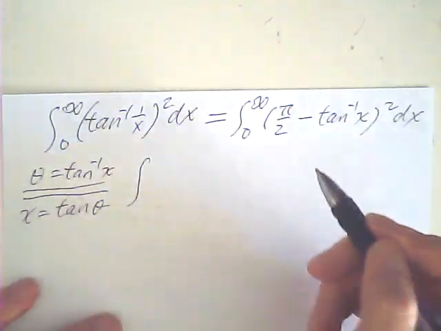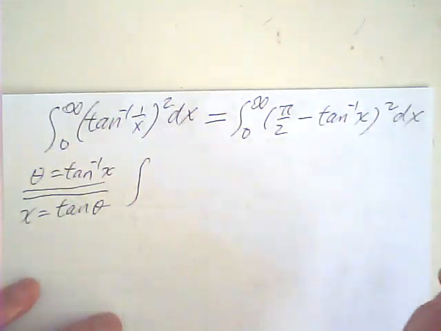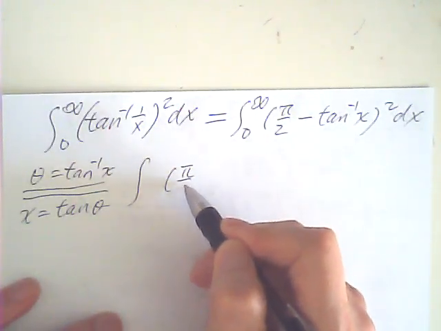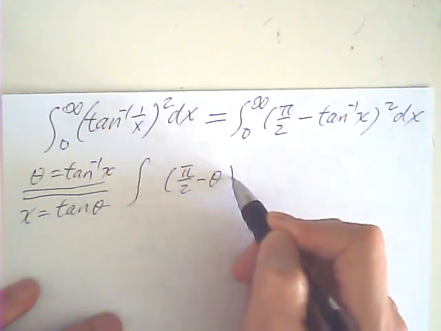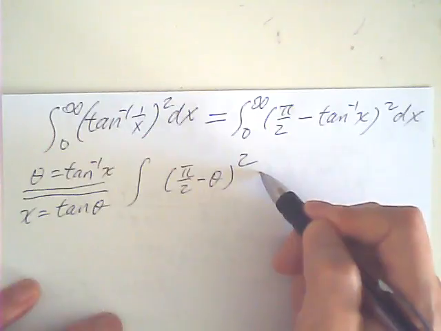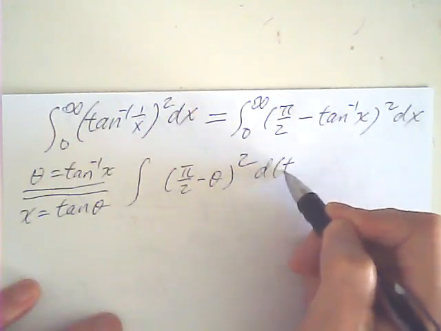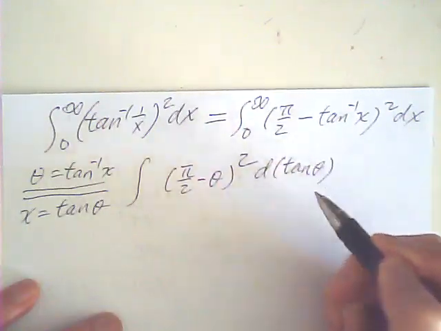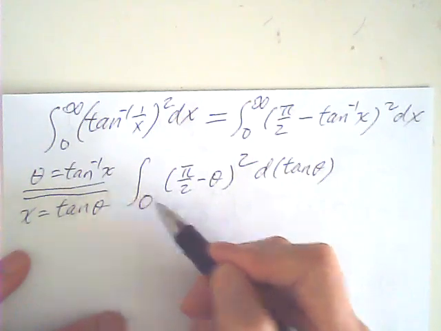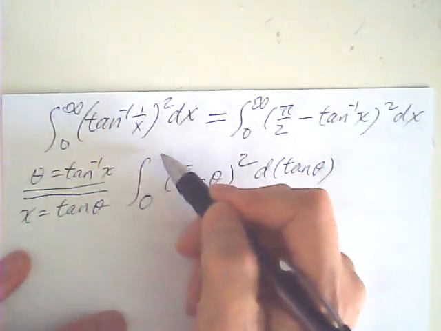So my integral becomes half pi minus theta, squared, right? And d tangent theta. So when x equals 0, theta is 0. When x equals infinity, that's a half pi.